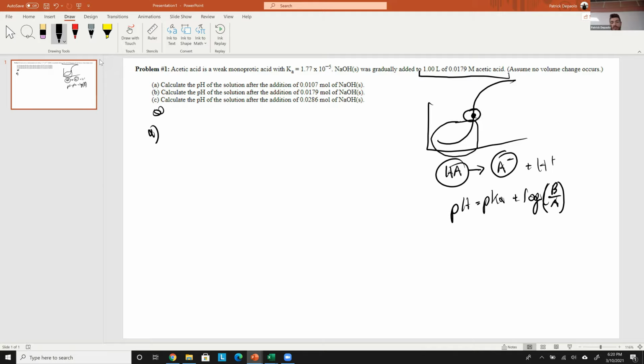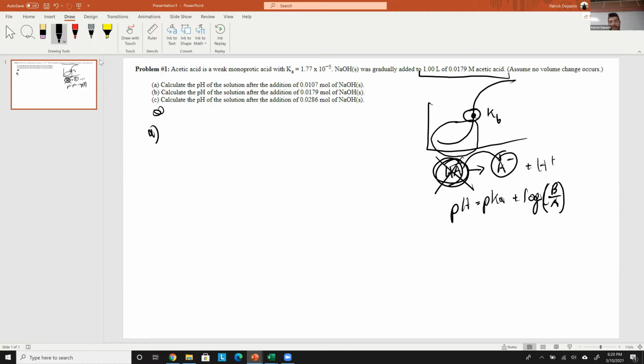Then when you get to the equivalence point, you have to use the Kb. The reason is that at the equivalence point, all of the HA was converted to the conjugate base, meaning the only things present in our solution are the conjugate base, some sodium ions, hydroxide, and H+, but you no longer have the original weak acid.